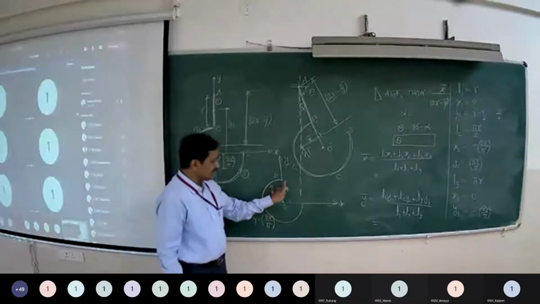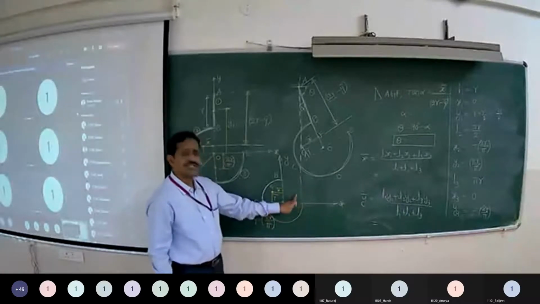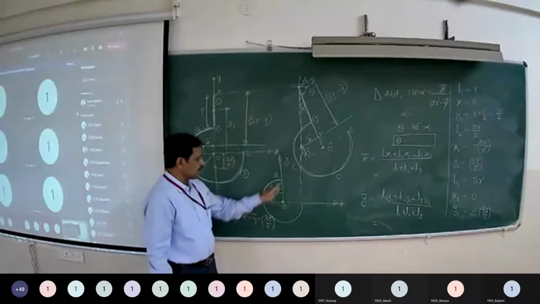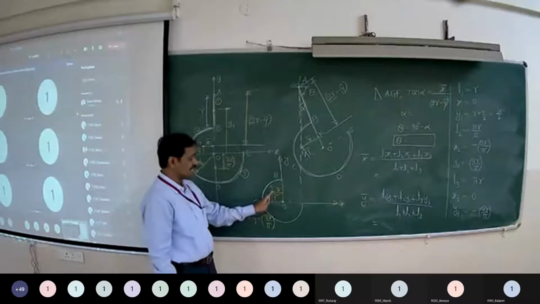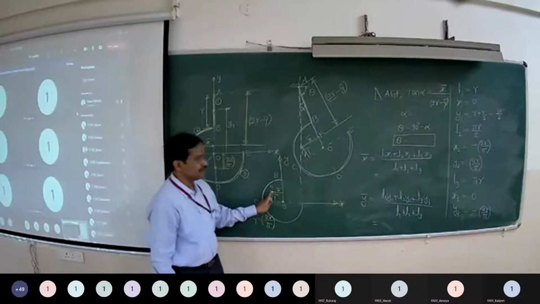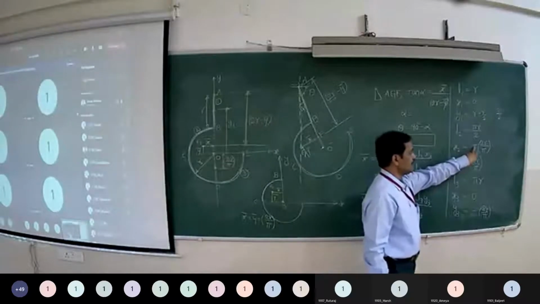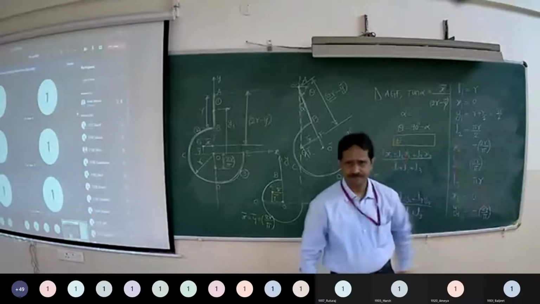In the formula it was given in the first quadrant, therefore x bar and y bar are positive. In this particular figure, this quarter circular arc is in the second quadrant. So x bar is negative, y bar is positive. That means here x2 is taken as minus 2R by pi, y2 is 2R by pi.